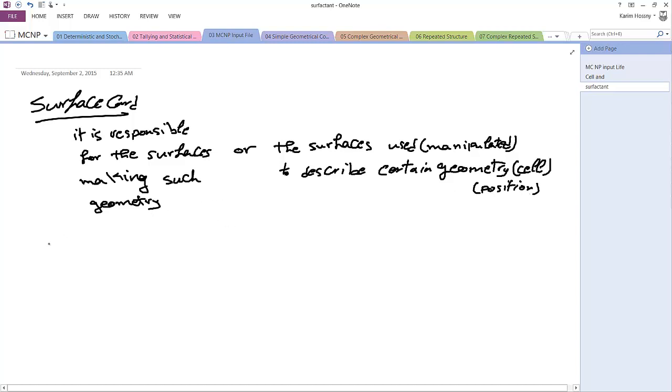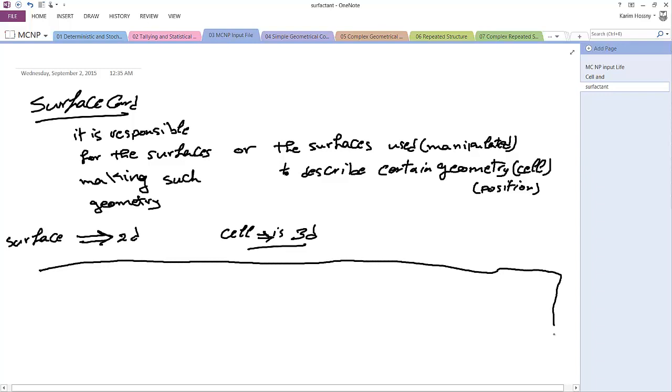Difference between cell and surface: a surface is 2D, a cell is 3D. What does the surface card consist of?